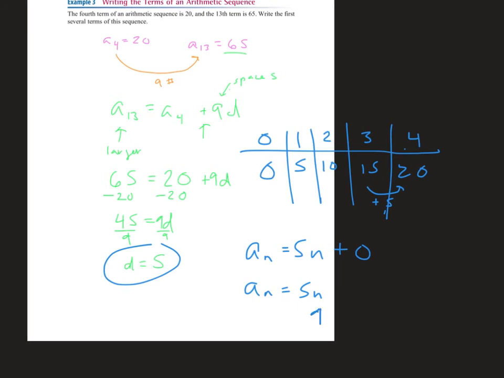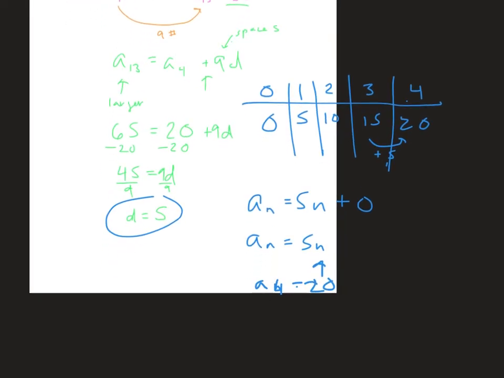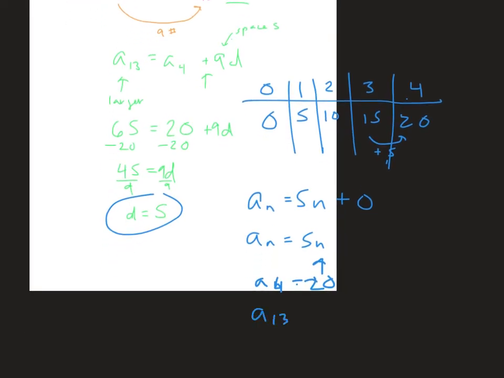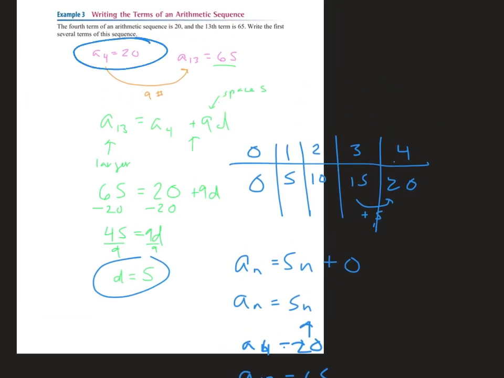We can plug in 4 and we would get a sub 4 is equal to 20. We could plug in 13 and we would get a sub 13 is equal to 65. So you can always check your work by plugging in the two numbers that it gives you at the start to see if your formula is correct.